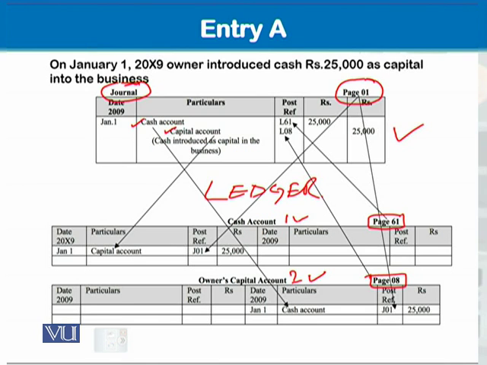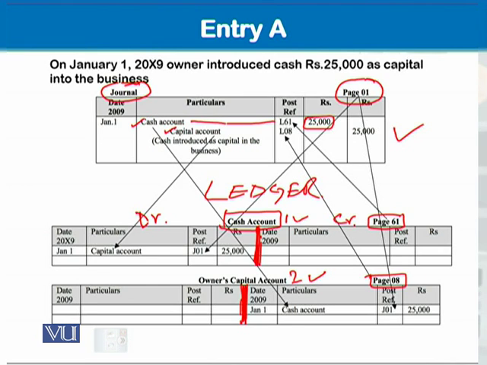Cash account is being debited with 25,000. Therefore, this 25,000 in which cash is being debited will be put in the debit side. We know very well that this is the splitting point in which the left hand side is the debit side and this is the credit side.